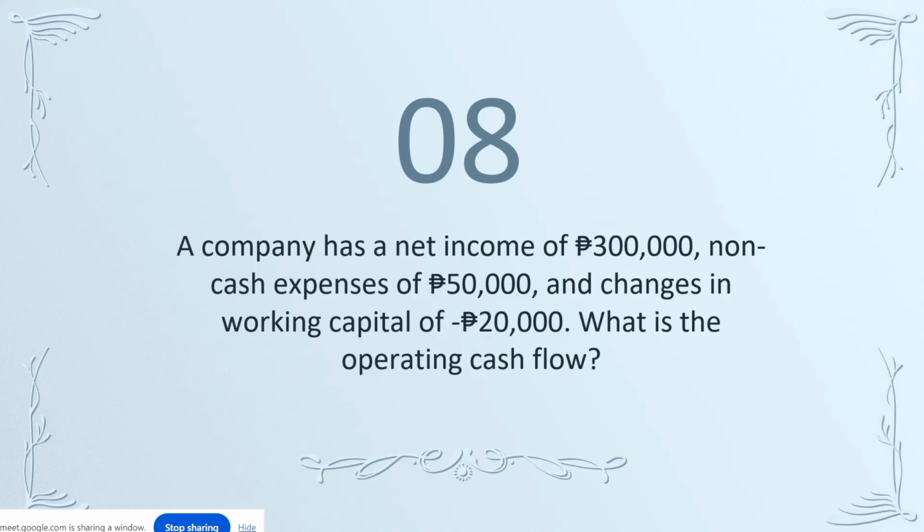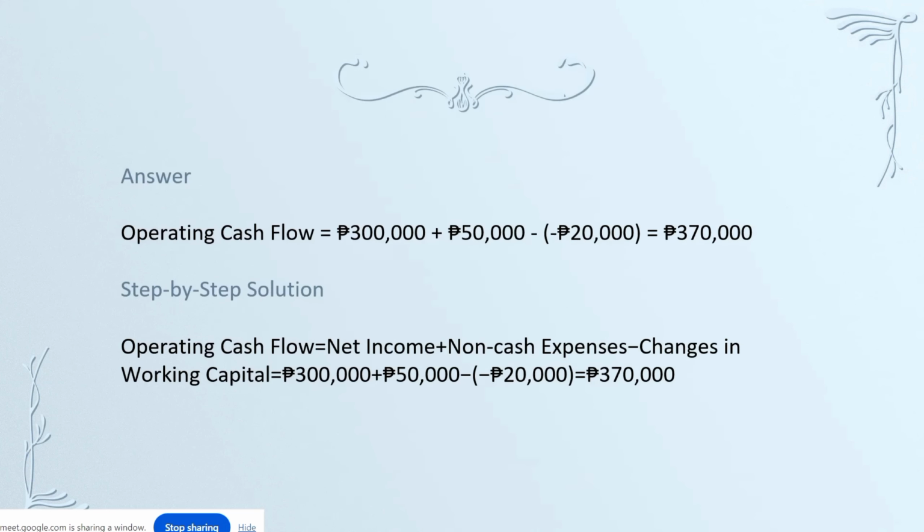For the eighth question, a company has a net income of 300,000, non-cash expenses of 50,000, and changes in working capital of 20,000. What is the operating cash flow? Here, to calculate operating cash flow, add back non-cash expenses to net income and adjust for changes in working capital.